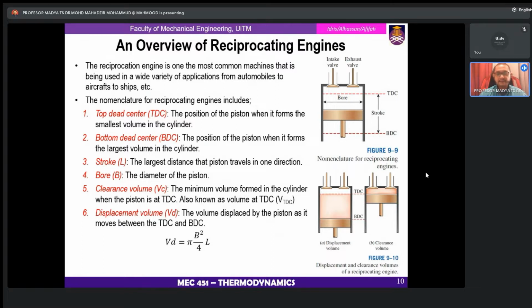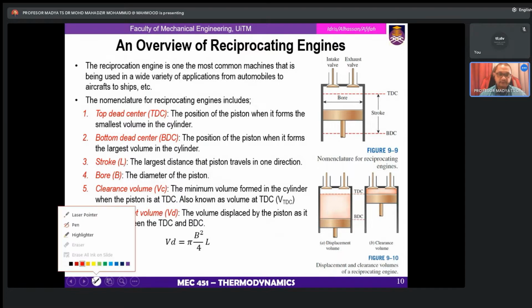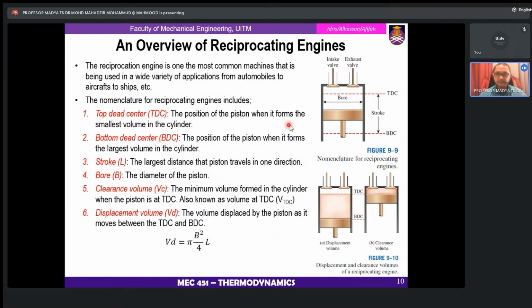Okay, number 1 is TDC. TDC stands for top dead center. So what is TDC? If you look on the diagram shown, TDC is the position of the piston when it forms the smallest volume in the cylinder.